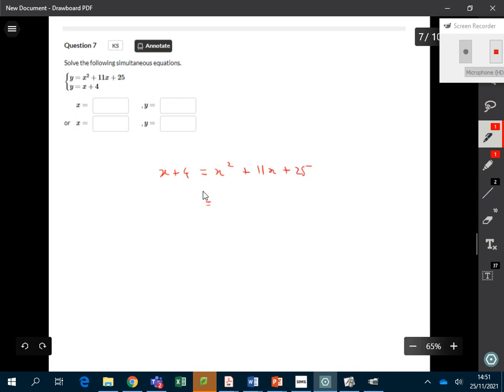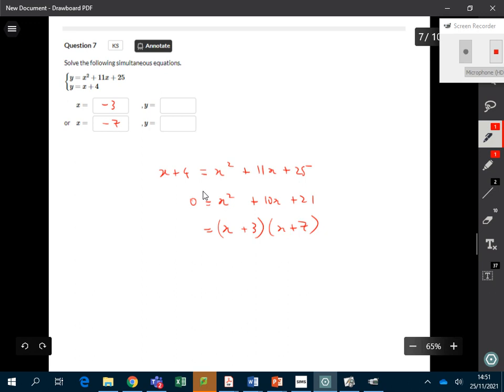So if we take away x from both sides, we've got x squared plus 10x, and then we take away 4 from both sides, plus 21 equals 0. So get it equal to 0. We're looking for factors of 21 that add up to 10, so x plus 3 and x plus 7. So therefore x is equal to minus 3 or minus 7.